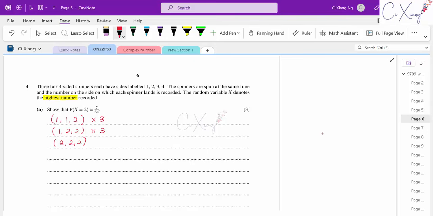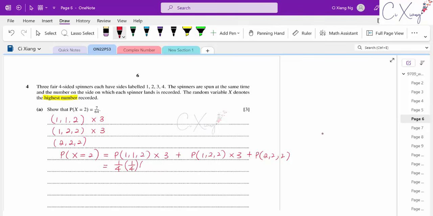To calculate the probability for all this, I will list out the steps. For the probability of x equals 2, I need to calculate the probability for 1, 1, 2 multiplied by 3, the probability for 1, 2, 2 multiplied by 3, and also the probability of getting 2, 2, 2. Every spinner here is fair, so to get the score 1 it will be 1 over 4. For the second spinner, to get 1 it will be 1 over 4 as well.